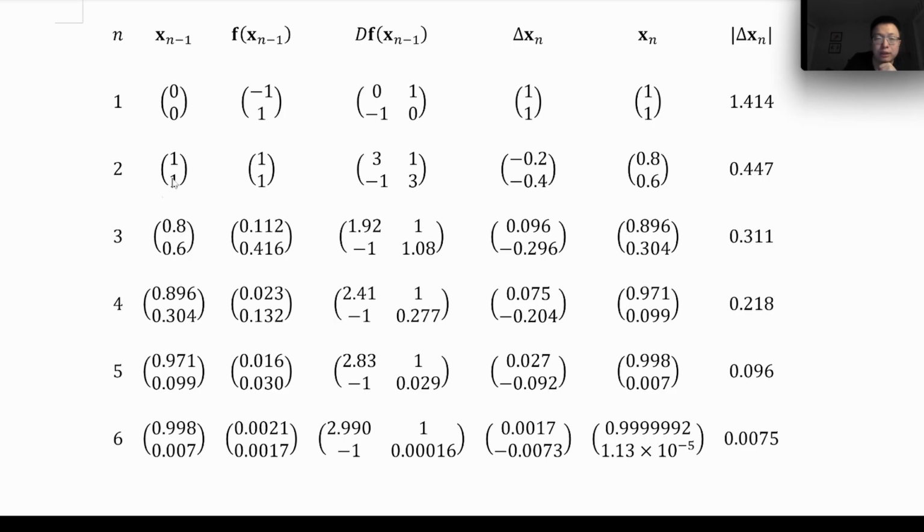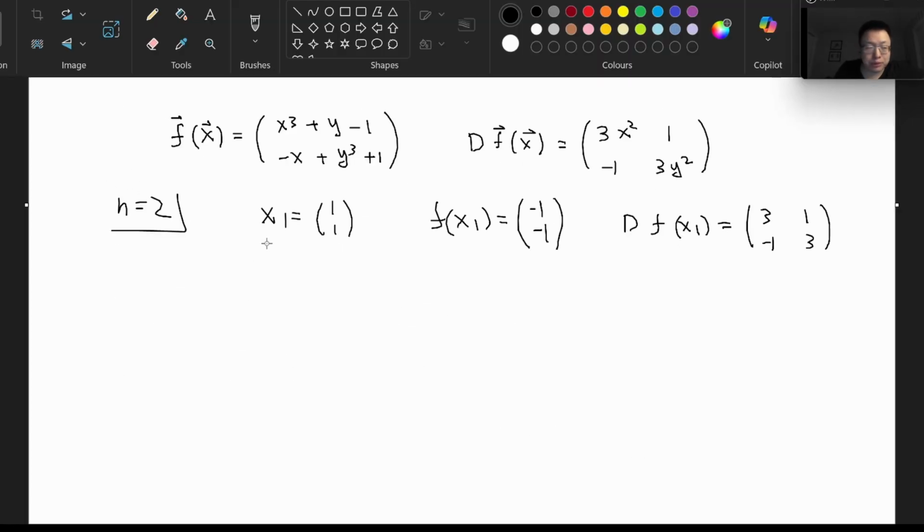Now let's move on to the second iteration. We compute the second iteration by hand, that is, calculate x2 from x1 from the first iteration. Evaluating f of x1 and df of x1 gives us (minus 1, 1) and the matrix 3, 1, minus 1, 3.